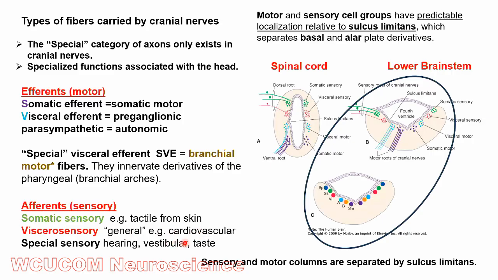But if you really wanted to gain insight, then you're going to say, well, that visceral sensory component, really the main one is going to be the nucleus of the solitary tract in the medulla.